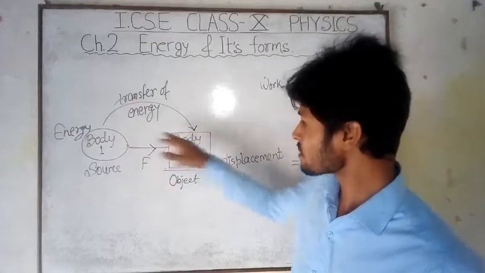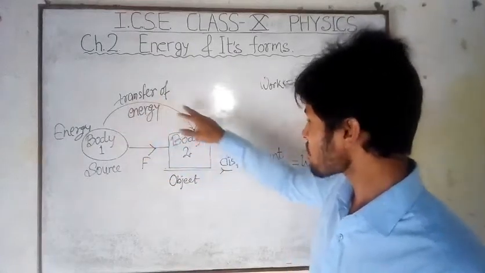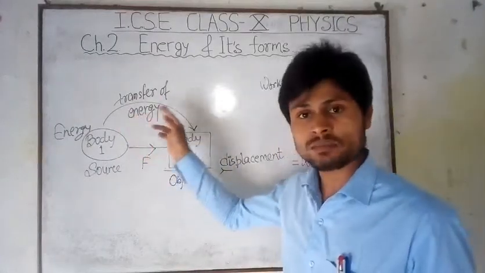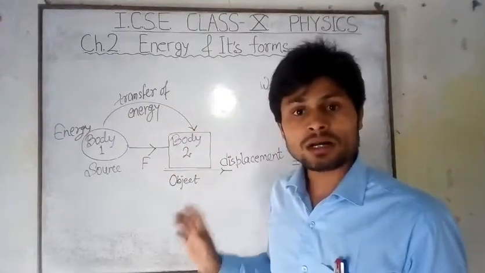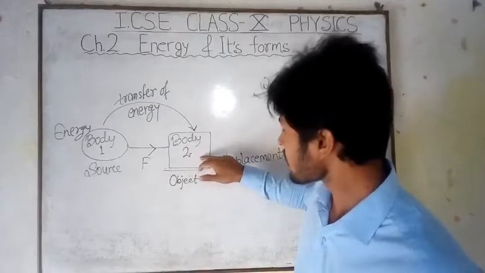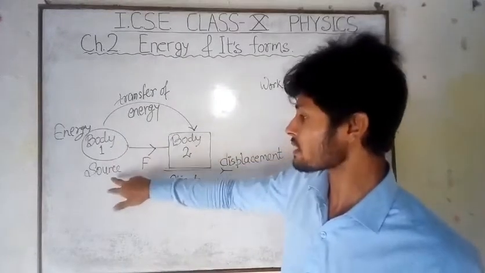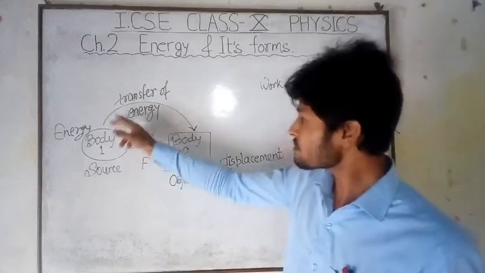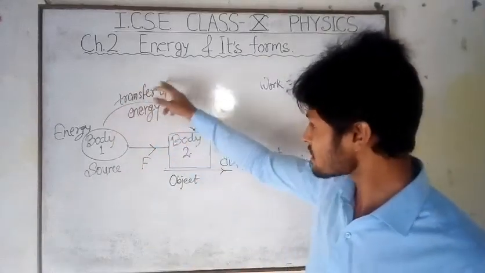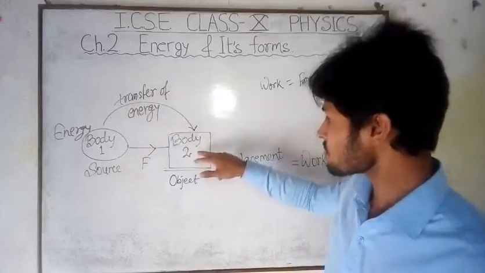From body 1 to body 2, there is some transfer of energy, and when there is a transfer of energy, then we say that there is some work done on the object by the source.